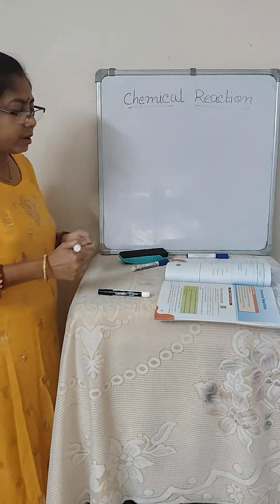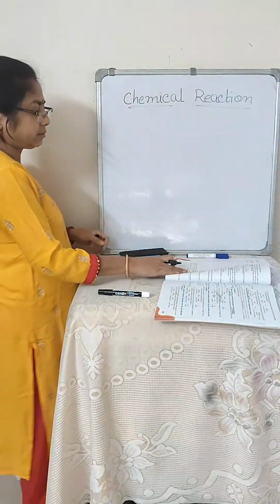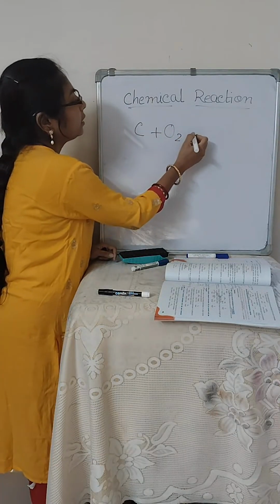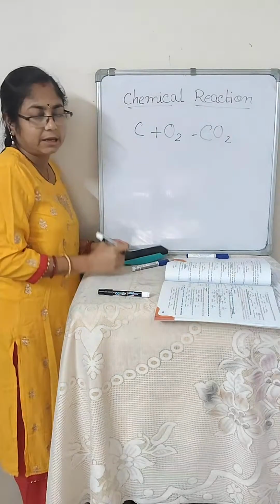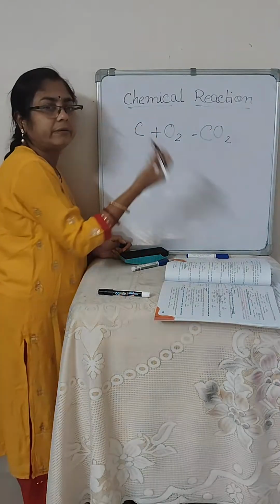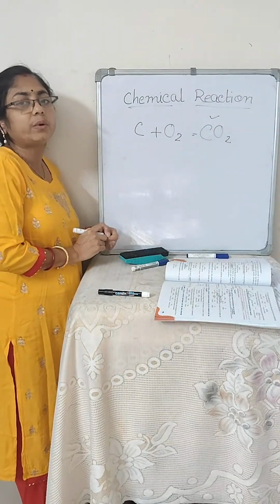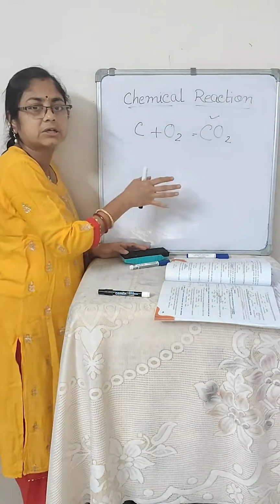Okay, now suppose I take C plus O2. Here CO2. Look, these both are elements, and after the reaction CO2 is created. CO2 is the new product. So it is a chemical reaction.